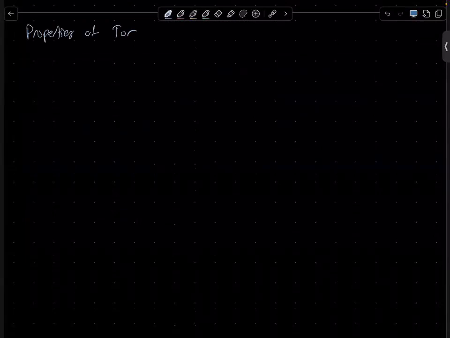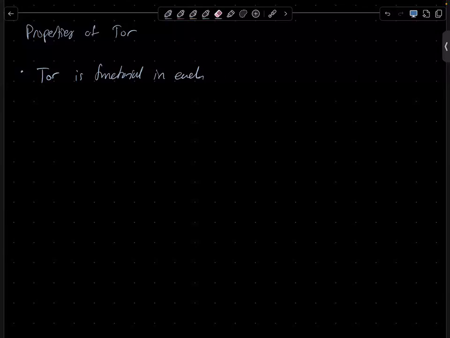They're similar to Ext. There are some differences, but I want to get through this a little bit quickly, so I'm not going to spend too much time on each one. Okay, so Tor is functorial in each component, of course.